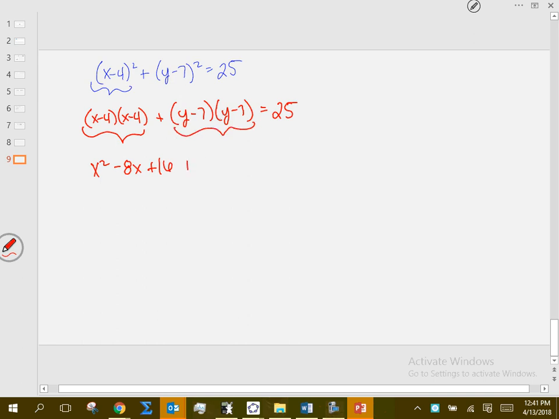FOIL these, gives me y squared minus 14y plus 49. I've got my 25. Would you agree that 16 and 49 are like terms? And that's 65 total, right? Is that a like term as well? So let's move that 65 to the other side.